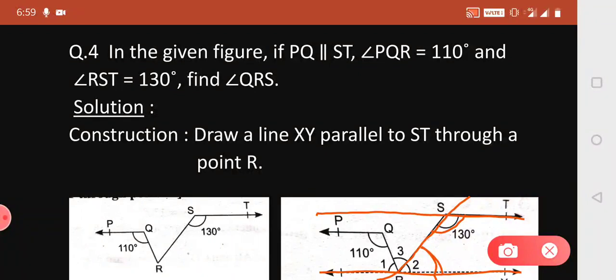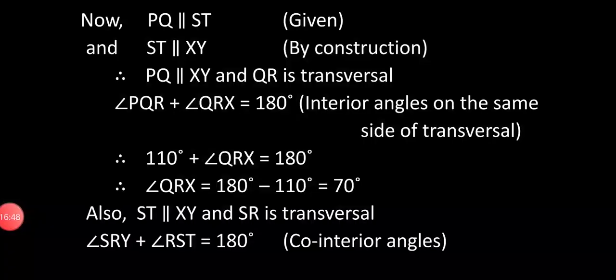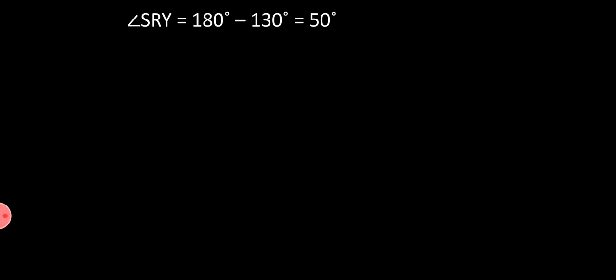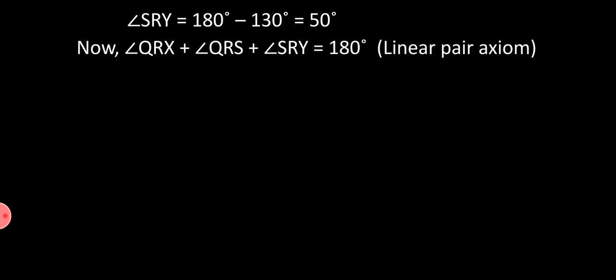So we'll get angle RST plus angle TSR equal to 180 degree because this forms a pair of interior angles on the same side of transversal. Putting the value of angle RST, we get angle SRY equal to 180 degree minus 130 degree, that is value of angle SRY will be equal to 50 degree.